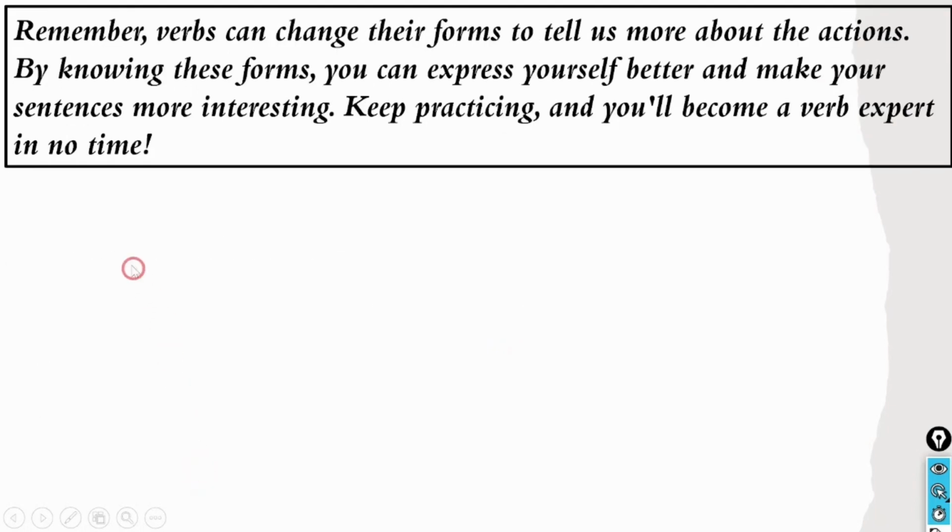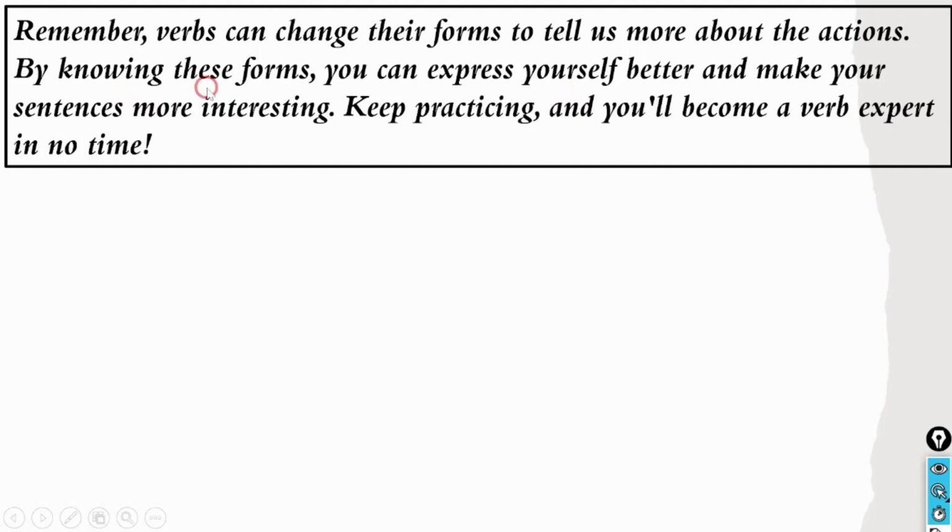Okay. So here I'm saying, remember, verbs can change their forms to tell us more about the actions. So we have seen that the verbs are changing their form, where we have the root, then we can have the V form, the ED form, the EN form, the ING form, the S form, so that they tell us more about the action.